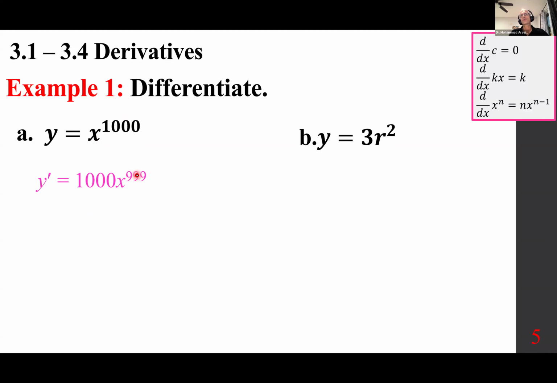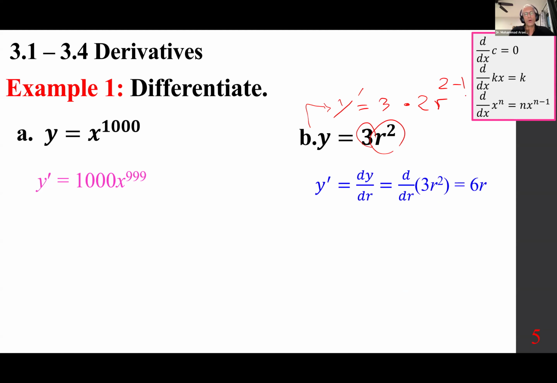Y equals 3r squared. How do we deal with that? In the same manner, this coefficient remains. So y prime is 3 times the derivative of r squared, 2r to the power of 2 minus 1, or 6r.